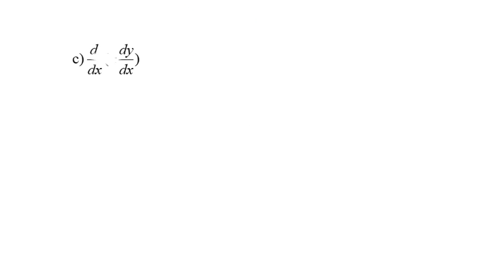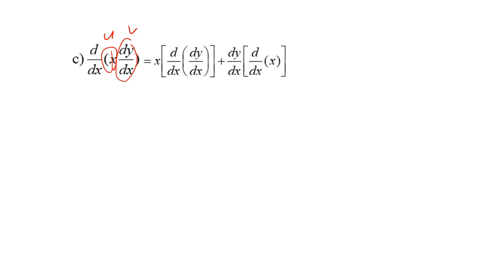Okay, now for question C. Differentiate x d2y over dx. Don't get confused with the dx here. Just treat this one as u and this one as v, so we still have to use the product rule: u v prime plus v u prime. We'll show later how we differentiate dy dx.